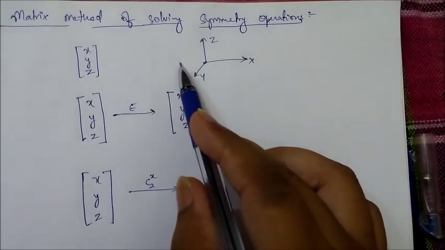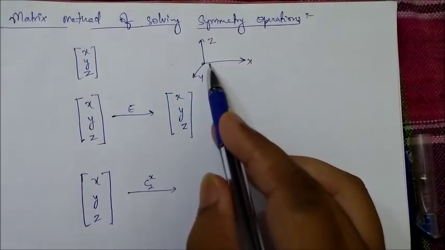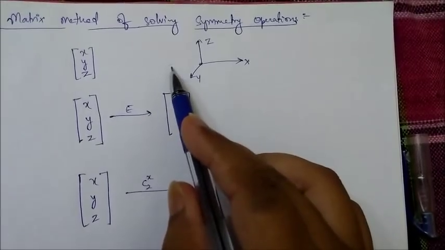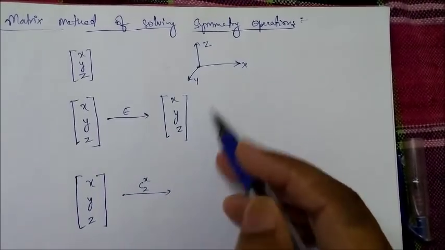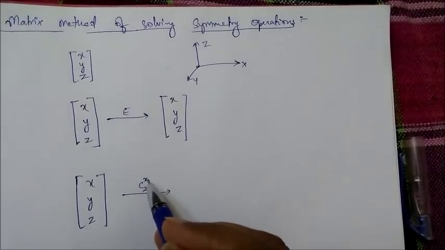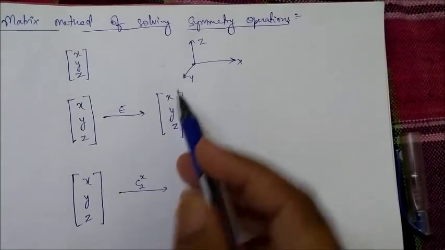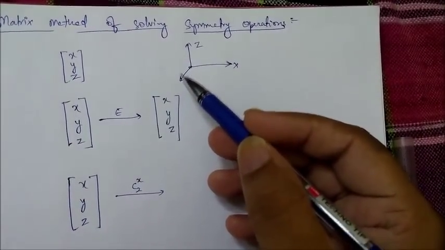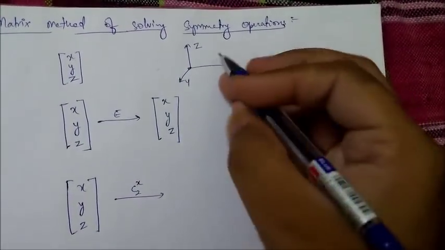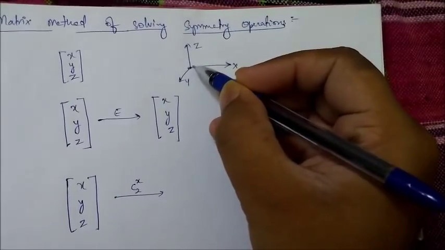This axis will come this side, and you know that this will be the positive x-axis and this will be the negative x-axis. Here we are fixing the x-axis because this rotation is along the x-axis, so we have fixed the x-axis and we are rotating the other two axes. So the y-axis will rotate by 180 degrees, and it will become like this.